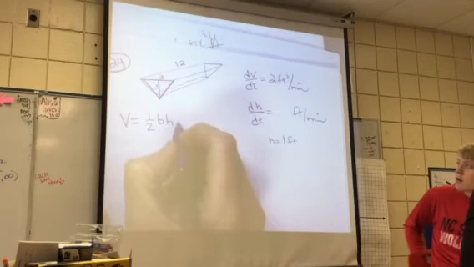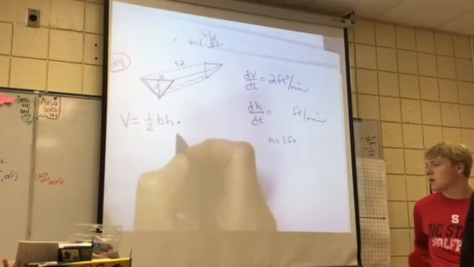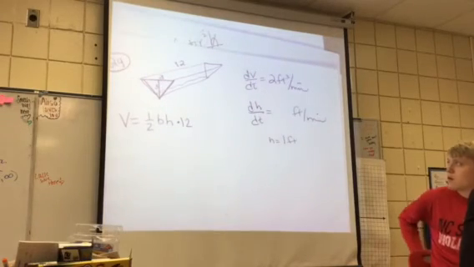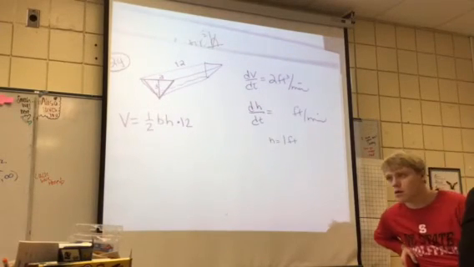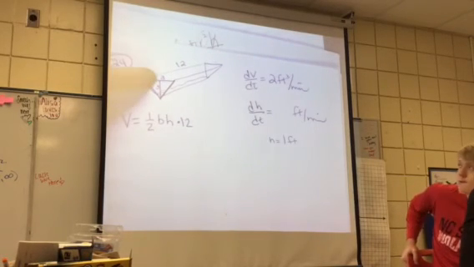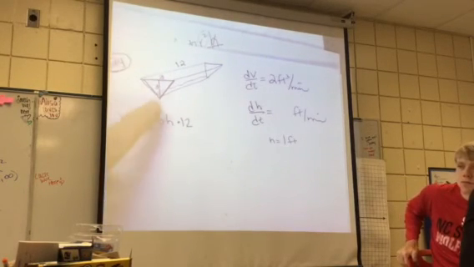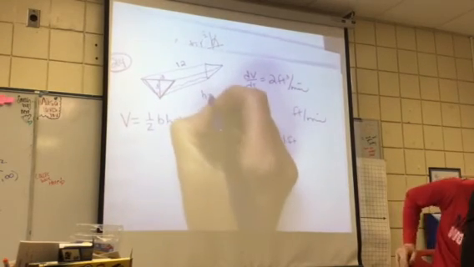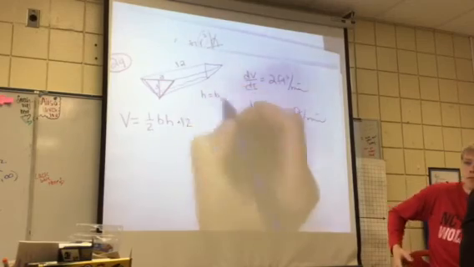And then times, now will that 12 be changing? That 12 is definitely going to be the same because the trough is 12 feet long regardless of how much water is in it. But this 3 and this 3 is not going to be consistent with the water level, correct? So do you notice here that the height is equal to the base?